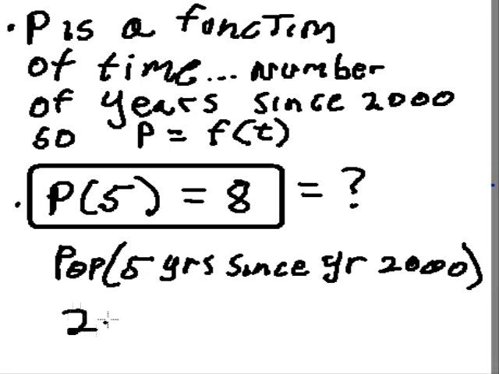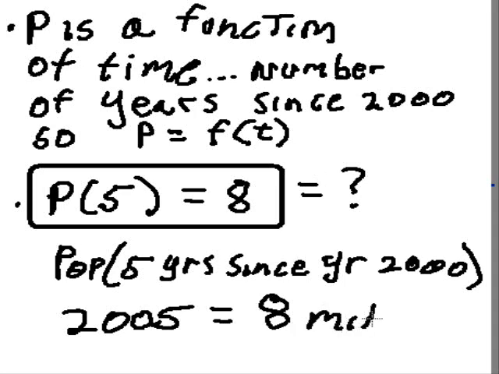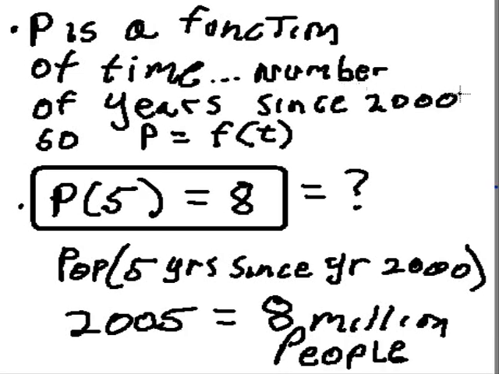Population 5 years since the year 2000. So that means 2005. In the year 2005, the population was 8, but we said this is in millions, so the population was 8 million people. PPL is an abbreviation.